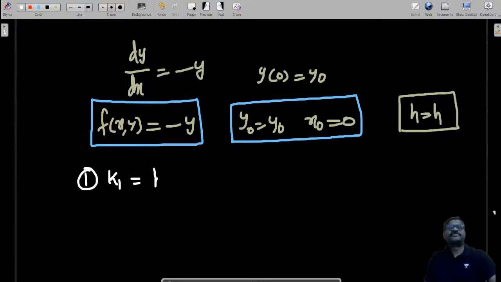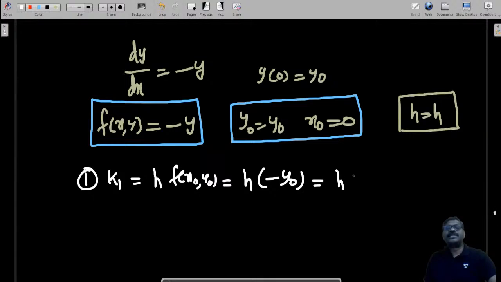K1 is h of function of x naught y naught. Function of xy is minus y. Therefore, function of x naught y naught is minus y naught. H is h, y naught is y naught. Therefore, K1 is minus hy naught.